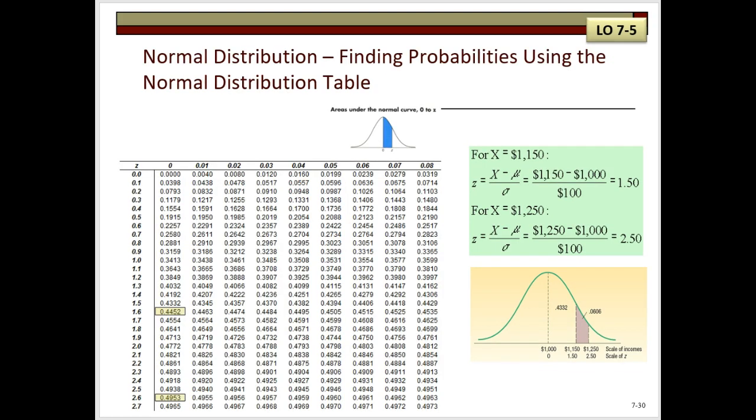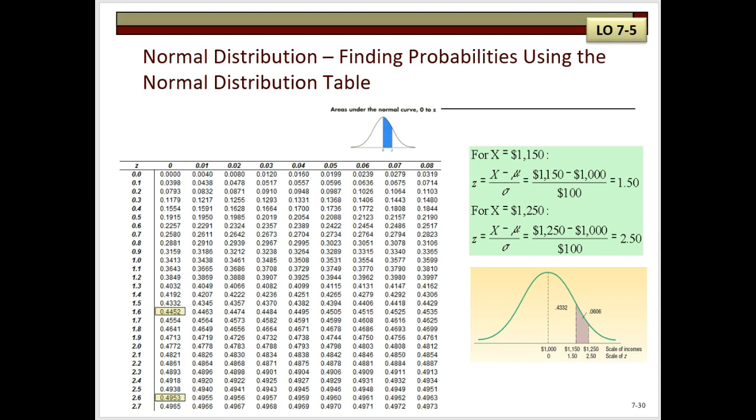Looking at the table, we're going to find the area between a z-value of +1.5 and +2.5. We go down the left column to 1.5, move horizontally to 0, and then we get 0.4332. That's the area between z-value of 0 and 1.5. Next, we're going to locate the probability for a z of 2.5.